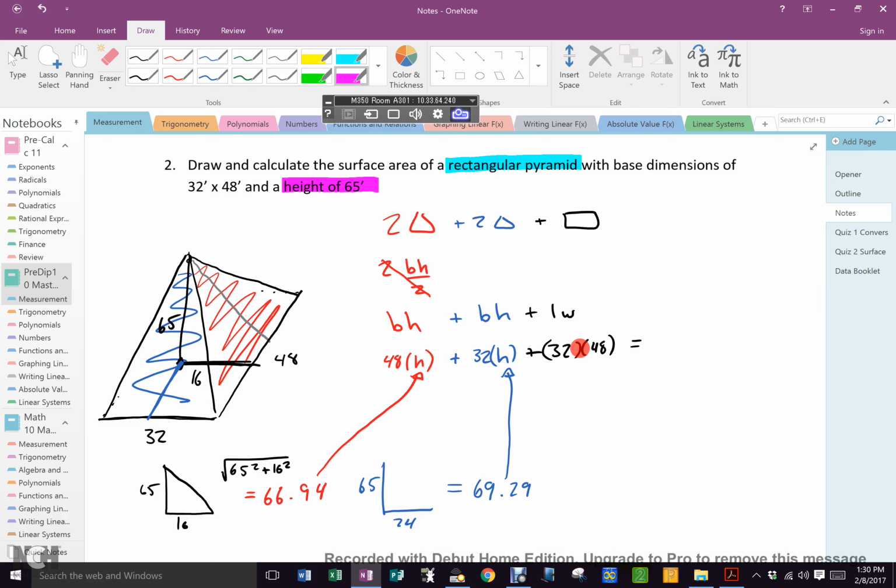Okay? Remember, height is not ever the measurement up the side of anything. Everybody cool with that? If you need a measurement up the side, you're gonna need to do Pythagoras every time.